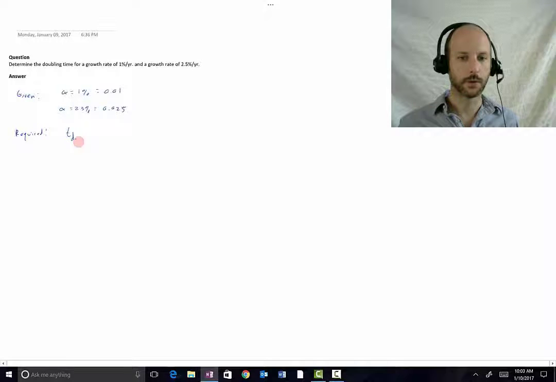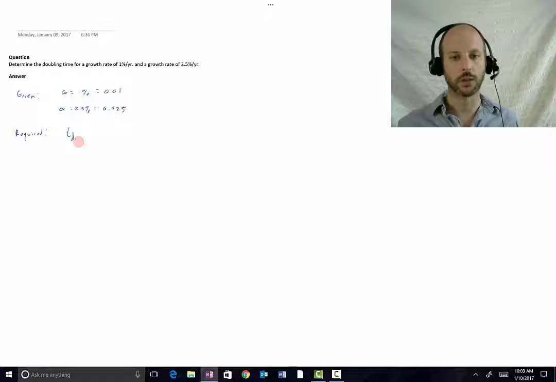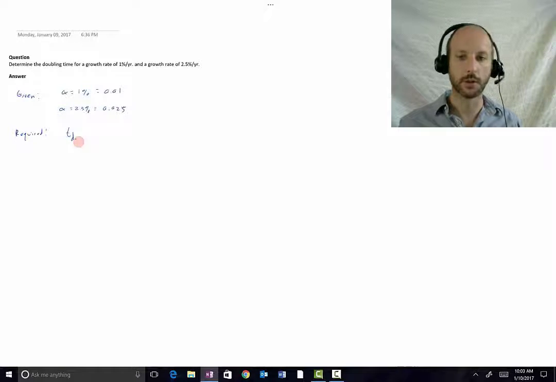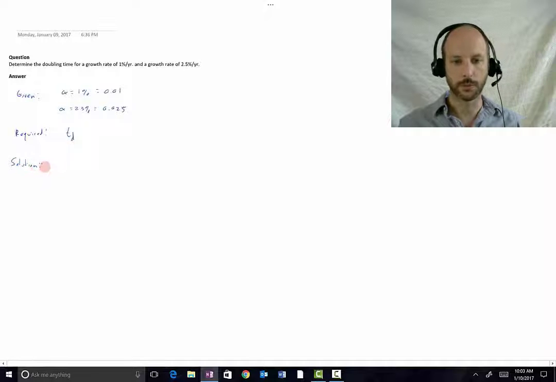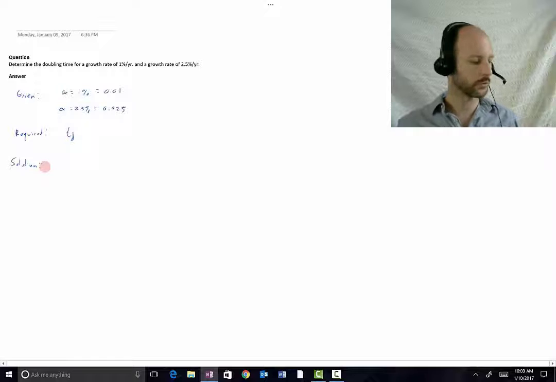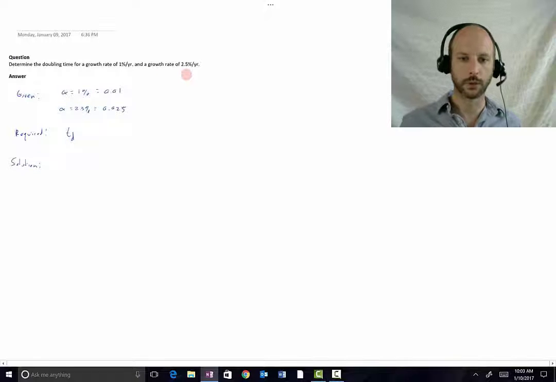That's the symbol T sub D. Remember, doubling time is just how long it takes a quantity to increase to twice its initial amount, so to go from 100 units to 200 units, for example. I'm going to derive the solution here because I think it's important that we understand where the concept of doubling time comes from.